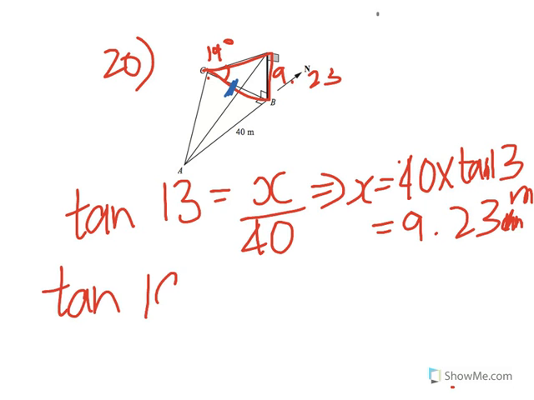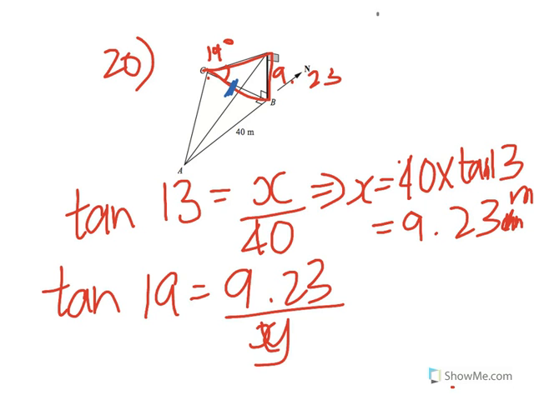So tan of 19 is equal to opposite, which is 9.23, over adjacent, which we'll call y. So y is equal to, multiply both sides by y and divide by tan 19.